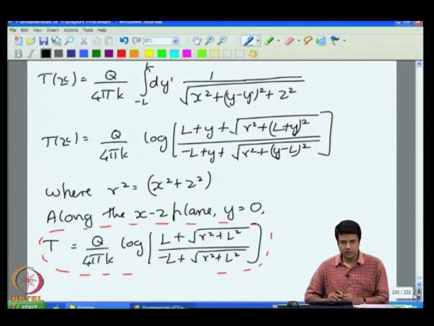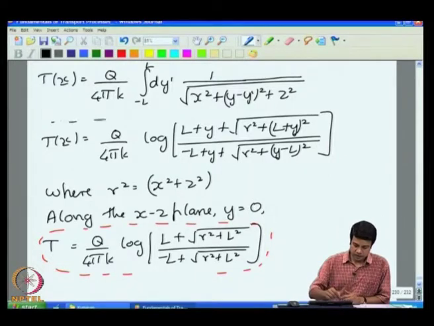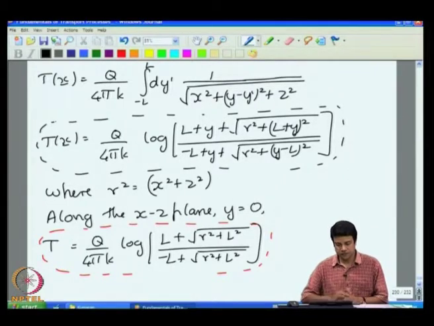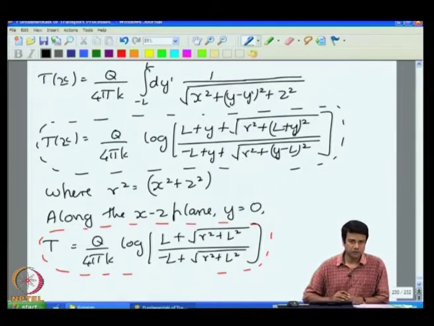Along the x z plane for y equal to 0, this had a simplified form. However, one can actually plot out the temperature numerically using this more complicated form. So, this is the actual temperature field, and for any value of x, y and z, one can find out the temperature.